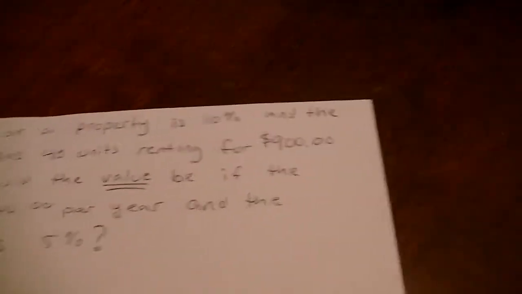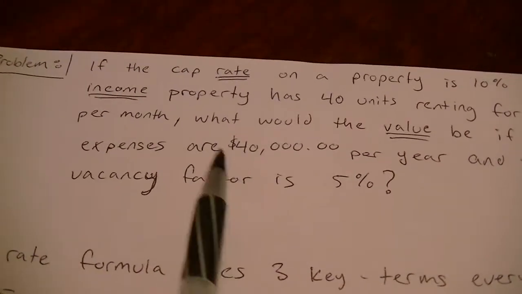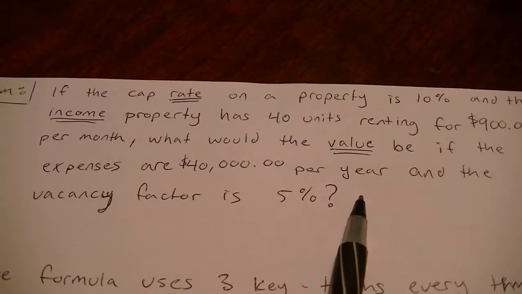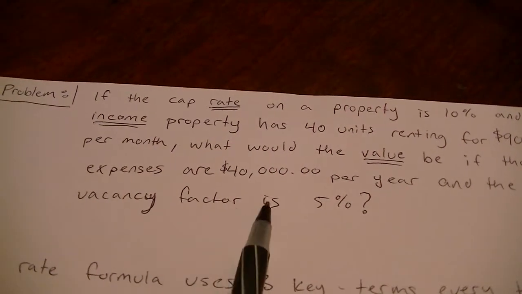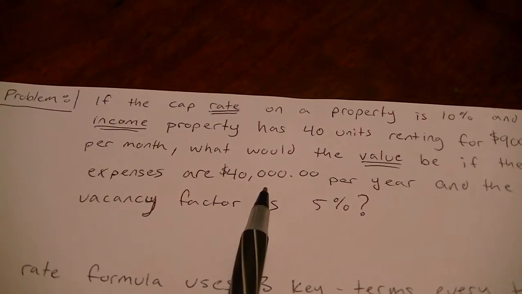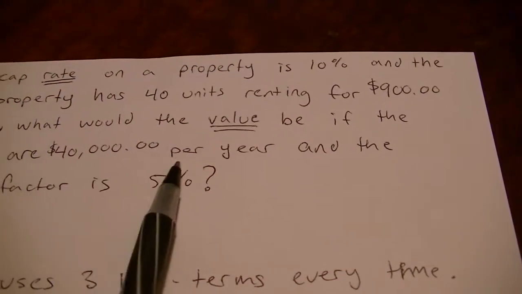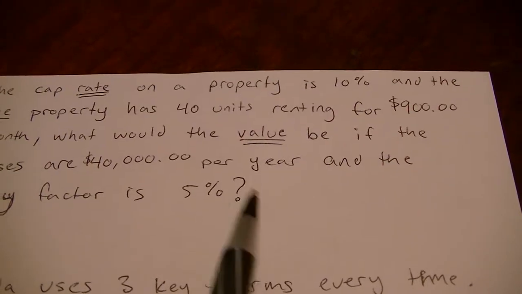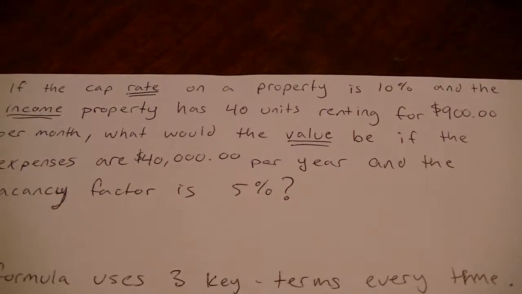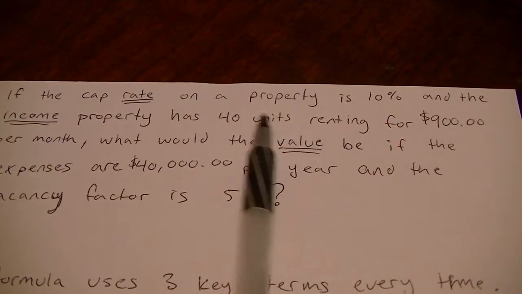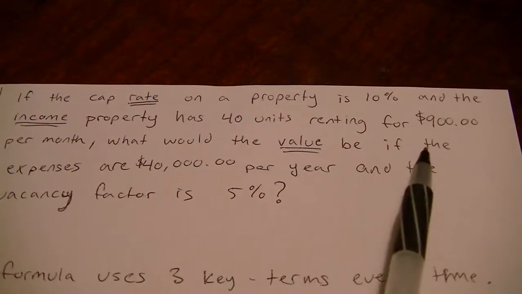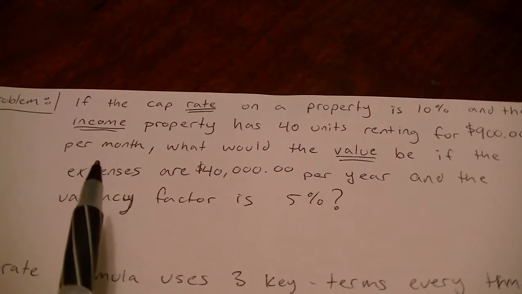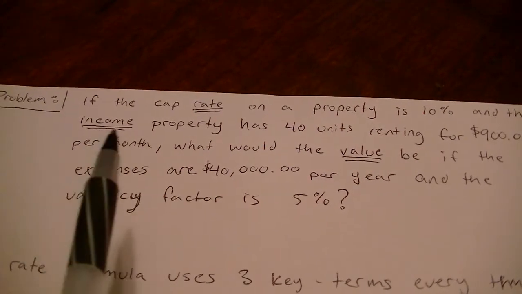It said here, it said expenses are $40,000 per year. Okay, there's 2 things that you can get from that. Expenses are going to cost you $40,000. Now, what's the time that that's going to cost you? It's going to be per year. So whatever you're going to figure out can't be per month like this is saying up here. 40 units renting $900 per month, which means when you get to that part, you're going to have to multiply to figure out months, which is easy.